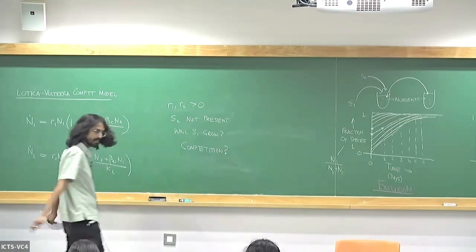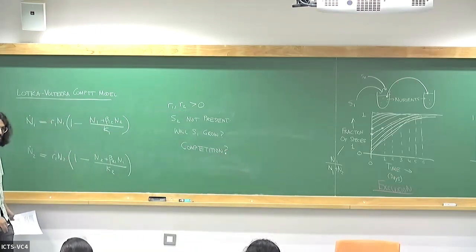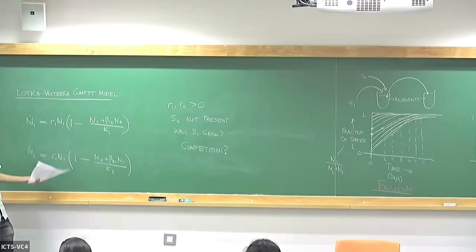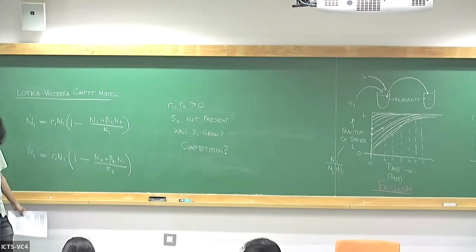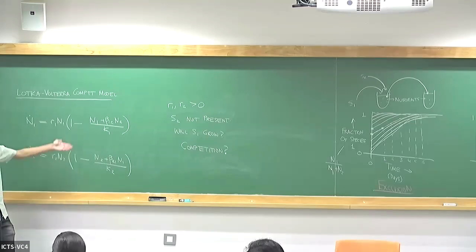There are no resources in this model, right? Are there any nutrients in this model? The carrying capacity invariably kind of depicts the area. Maybe. I don't know how that works, but this model doesn't care about that.